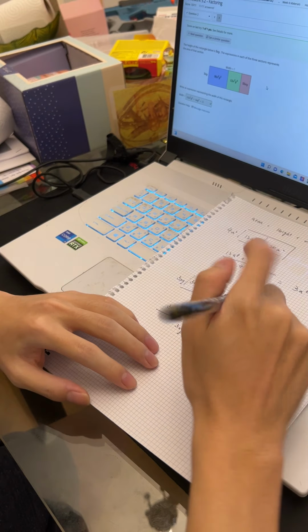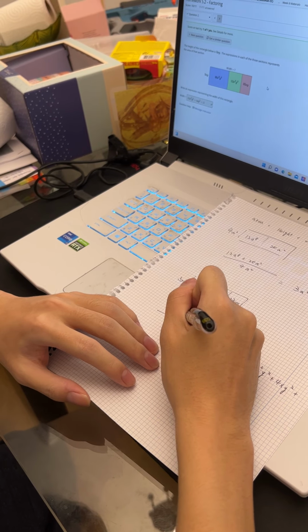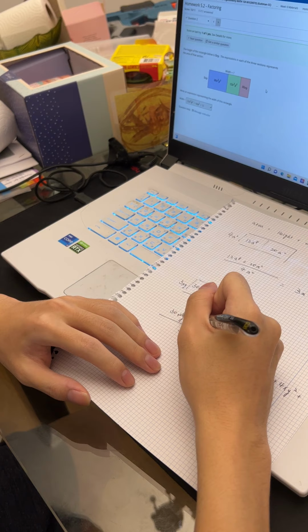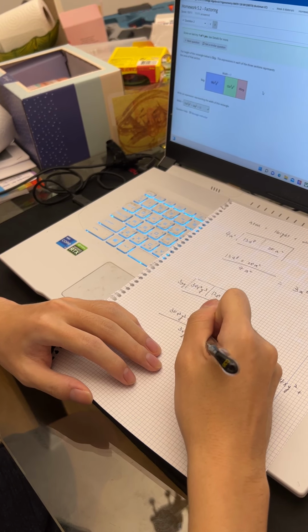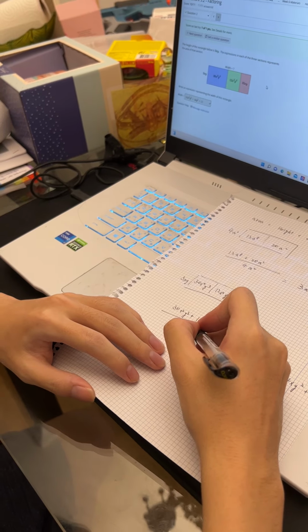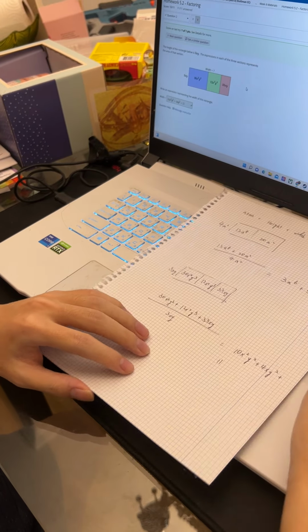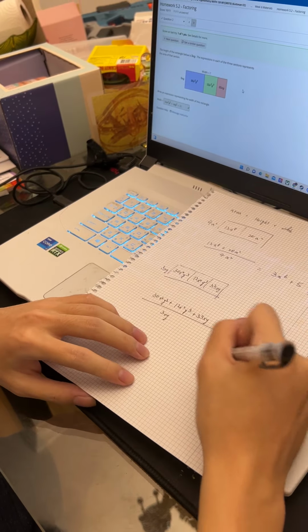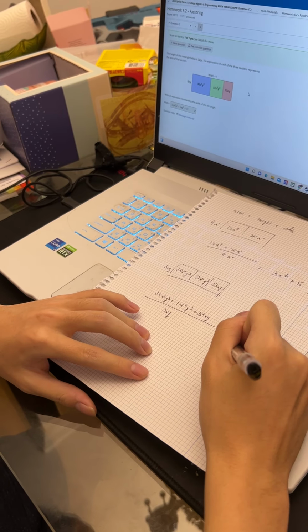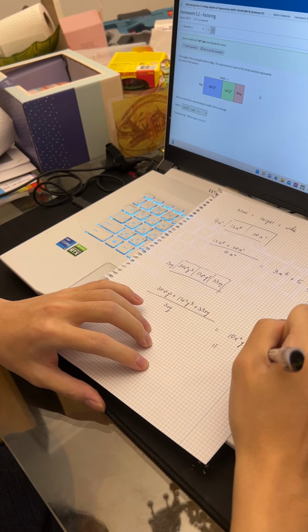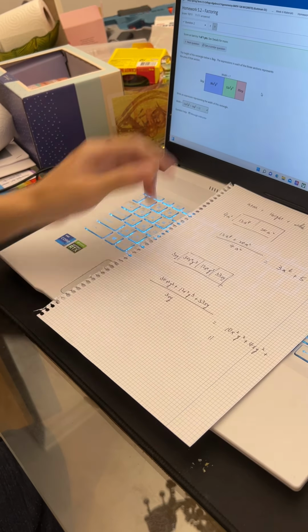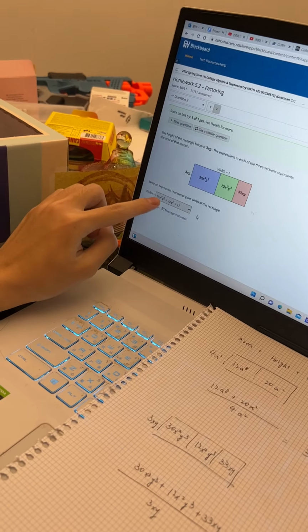So, for example, x to the power of 3 divided by x to the power of 1 will be 3 minus 1, which will be x squared. And so the answer will be 10x squared y squared plus 4xy squared plus 11, which is the answer of the second question.